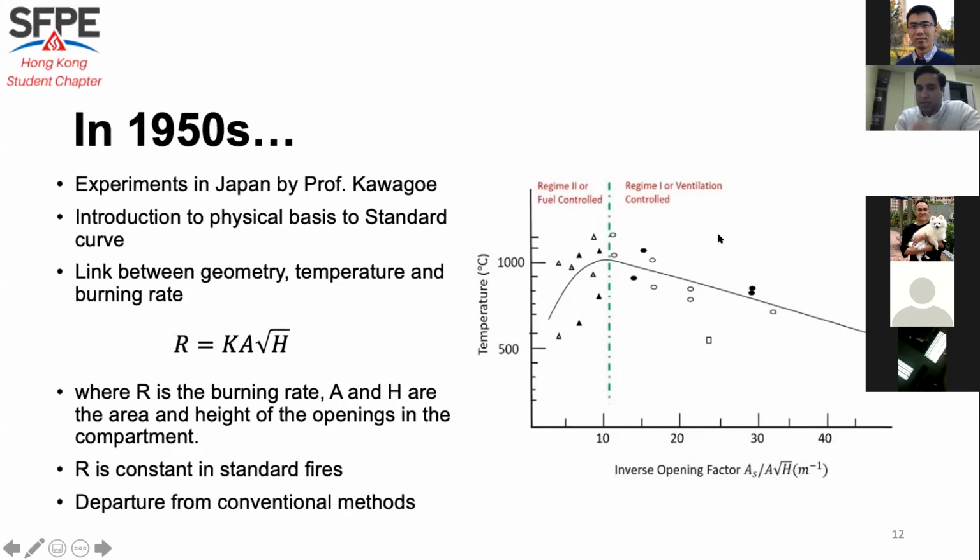That's why this region, which we call regime 1, is ventilation controlled. The ventilation is small here, so limited air is present. But in this area, we call it the fuel controlled region, because the opening size is quite big here. So your fuel will keep burning as long as fuel is present.